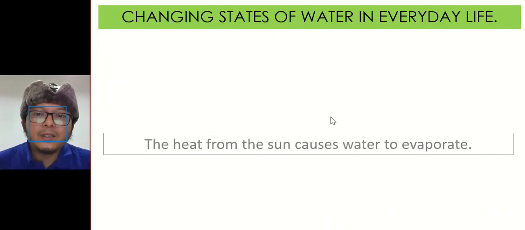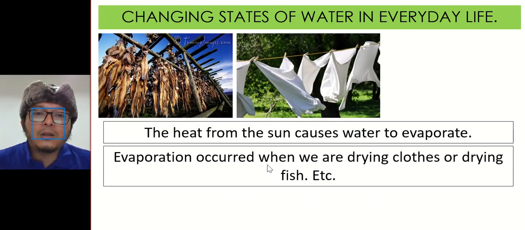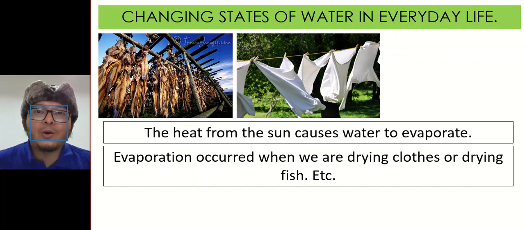Now, heat from the sun causes water to evaporate. Evaporation occurs when we are drying clothes or drying fish or drying any kinds of things to keep them dry, like your shoes.